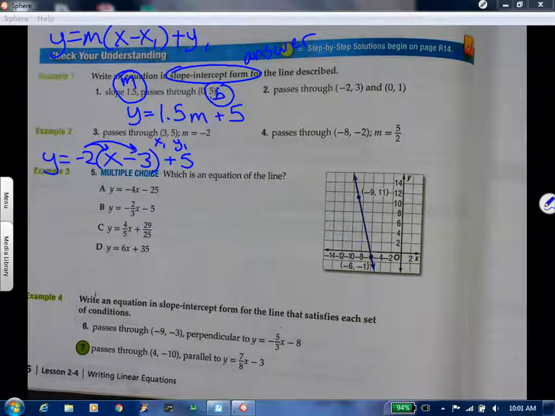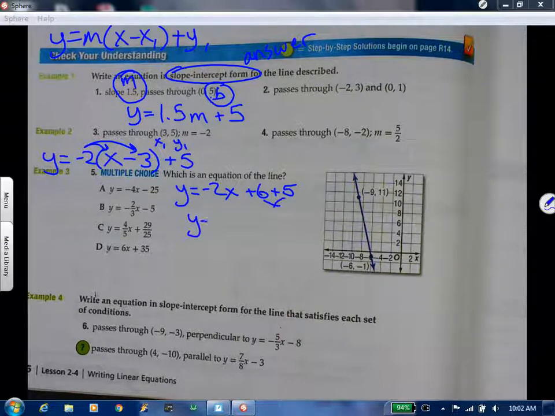You get negative 2x minus 6, plus, when you have a negative times a negative, that would be plus 6, and then plus 5. Put those together, that would be your answer.